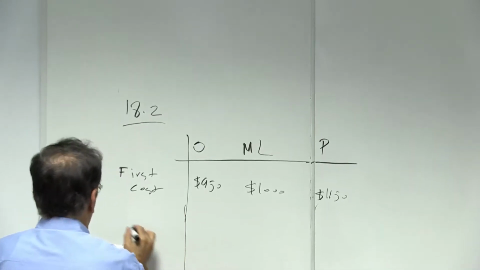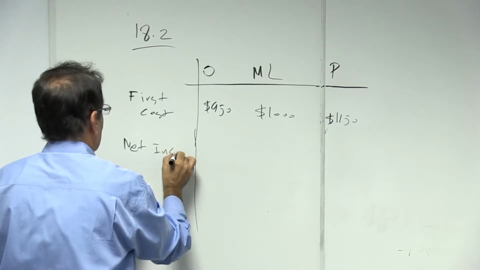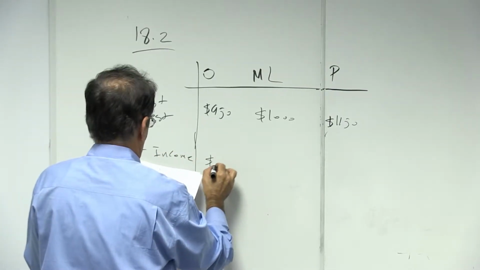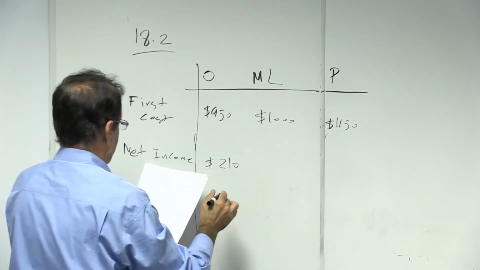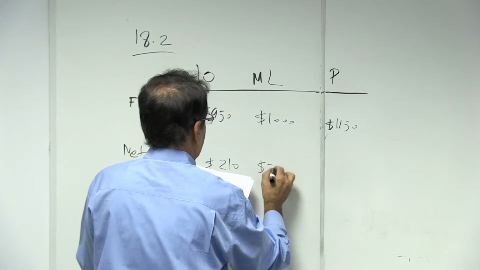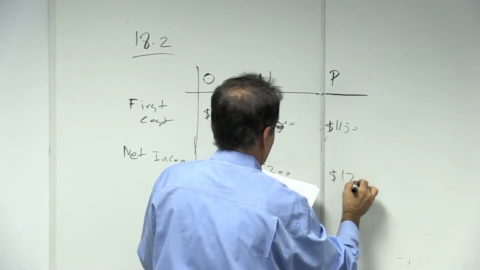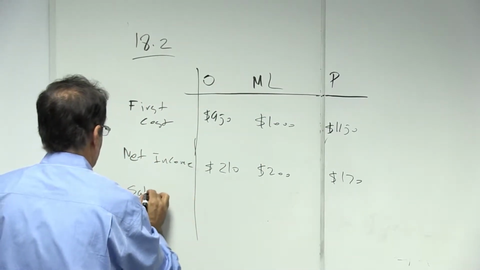Now, the net income also has three values. This is going to be $210 per year, then 200, and 170 here. Now the next thing is salvage value.